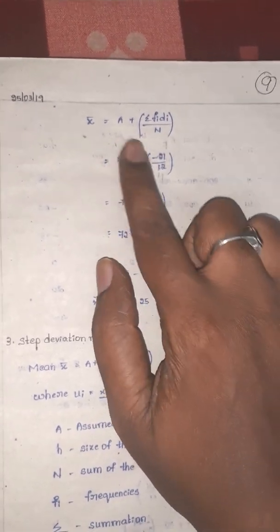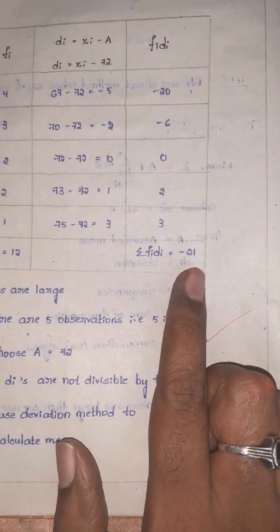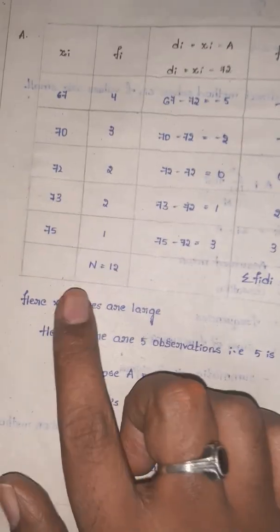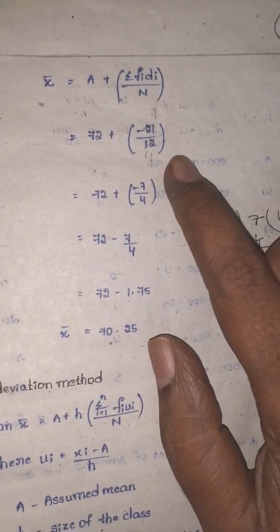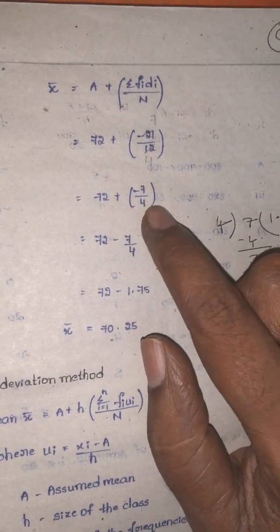The a value I already took is 72. Sigma fi di we got is minus 21, and capital N we got is 12. Do the cancellation: 3 4s are 12, 3 7s are 21, so we get minus 7 by 4.